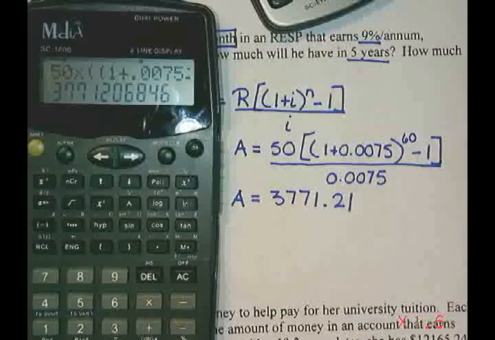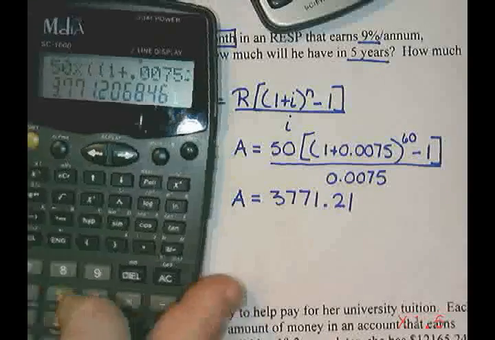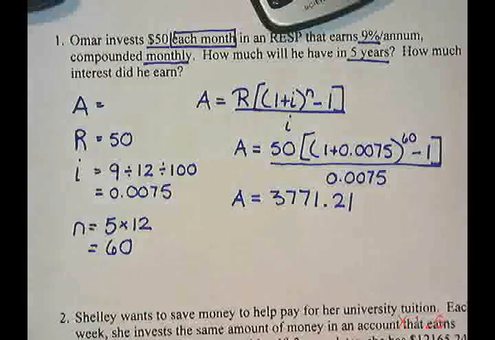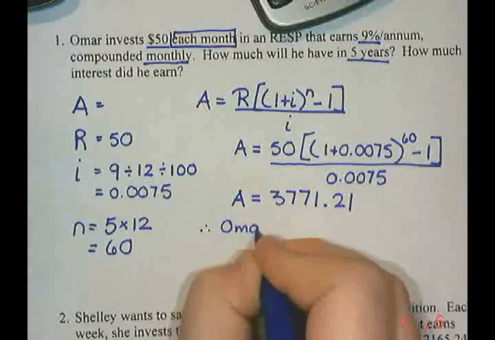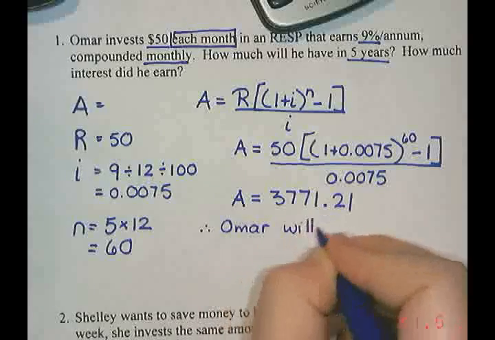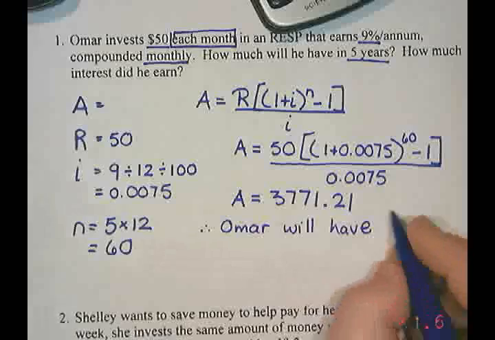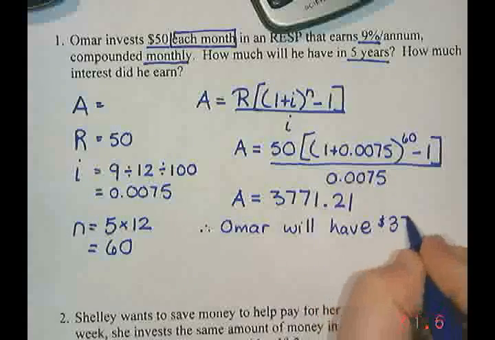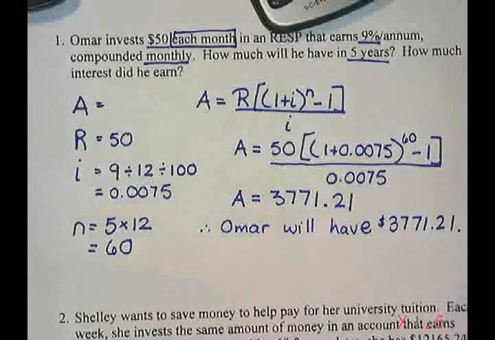And I get the same number. So I get $3,771.21. So how much money will he have? Omar will have $3,771.21.